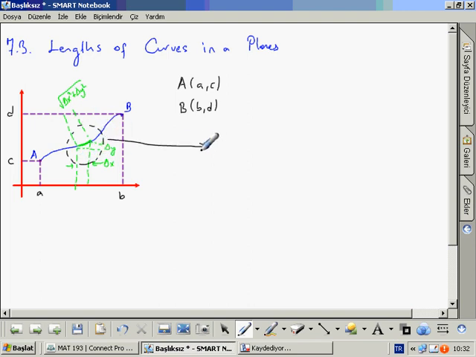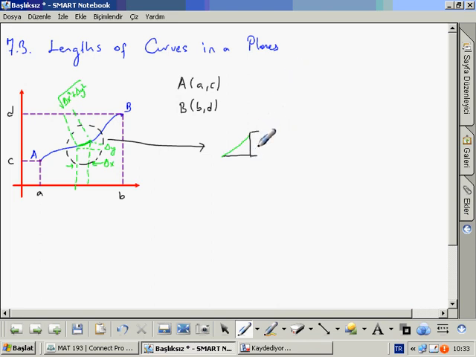Zoom in on this part of the curve. This green line is our curve part, and the other part is only illustrating.